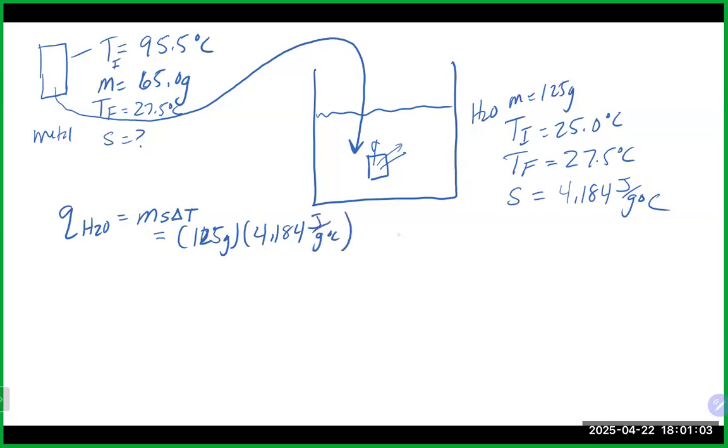Again, here we use final temperature, which is 27.5 minus 25 degrees Celsius. See how bad I did with my made up numbers here. Not too bad. That can get us something like 1307.5 joules, as our degrees Celsius and our grams should cancel each other out in this case.